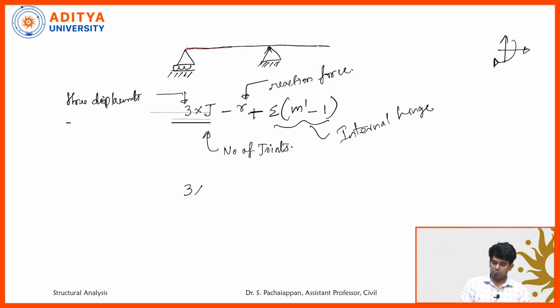3 times the joints. Can you tell me how many joints are there in this beam? Let's say this is joint A, joint B and joint C. One may ask, sir, joint A has the support and joint B has the support, so they may be considered joints, but why is the free end a joint?